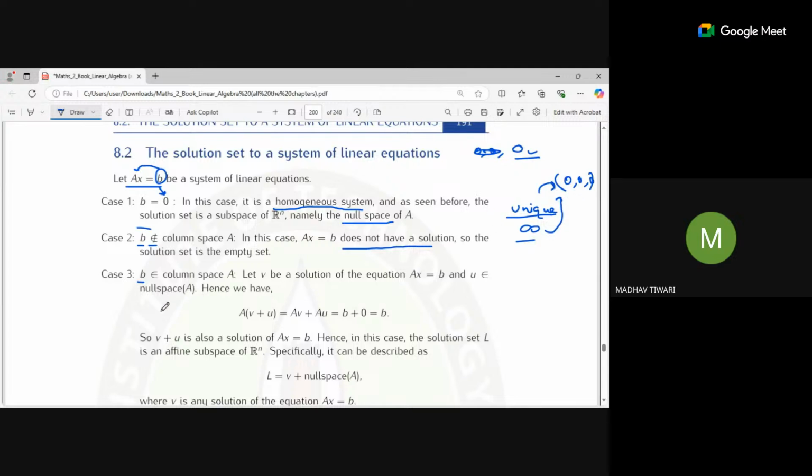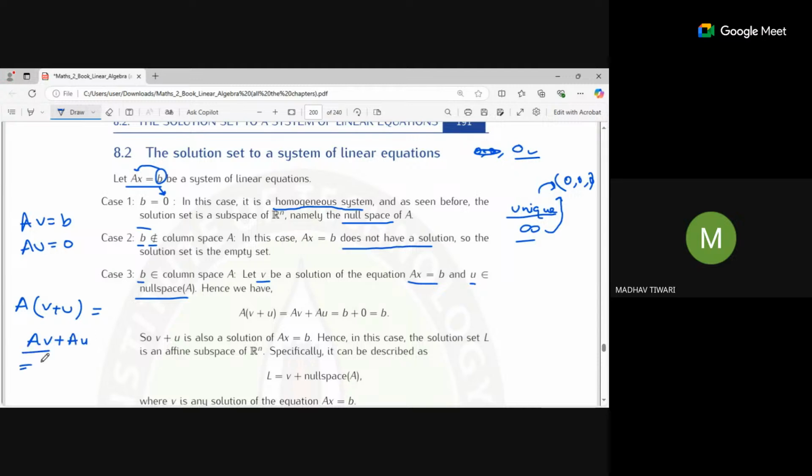Okay, so it is stating the same thing. Suppose v is a solution of this part and u belongs to the null space. So v is a solution and u is in the null space, meaning Av will be equal to b and Au will be equal to 0. If I multiply A here with v plus u, that will be nothing but Av plus Au, right?